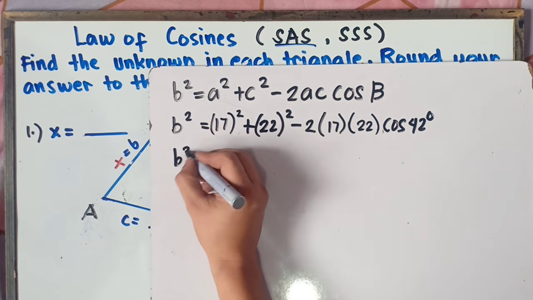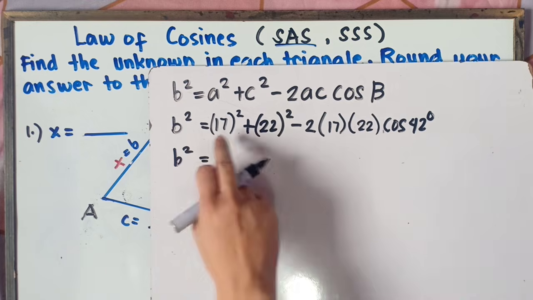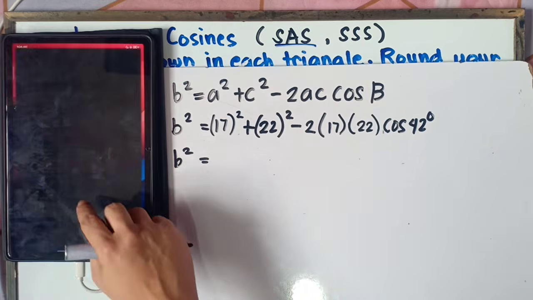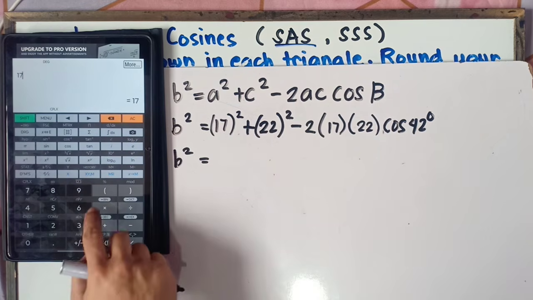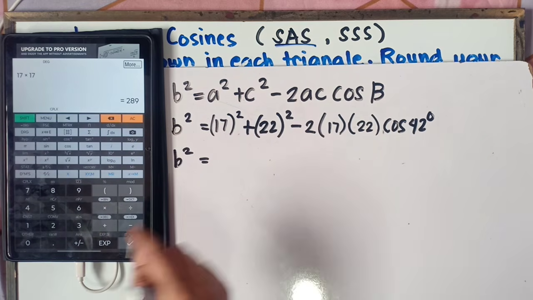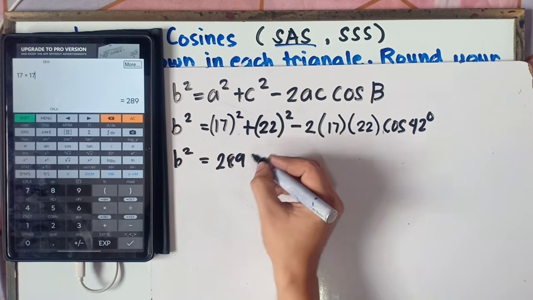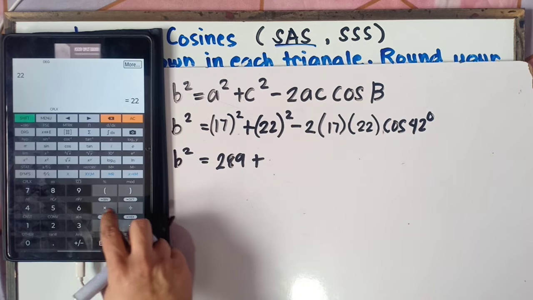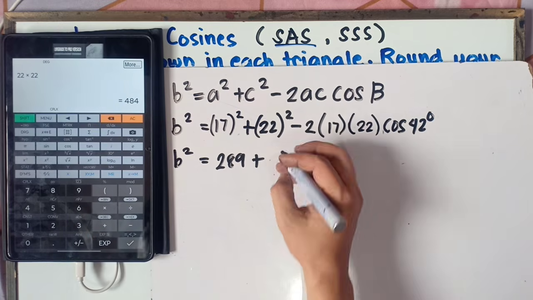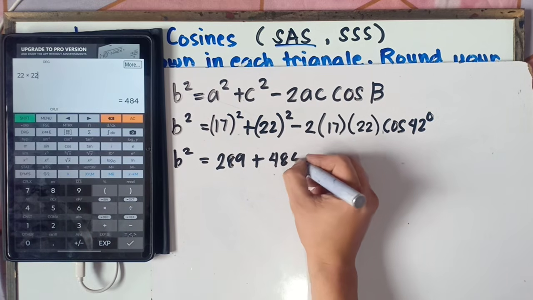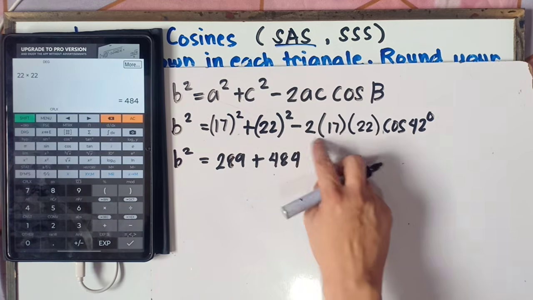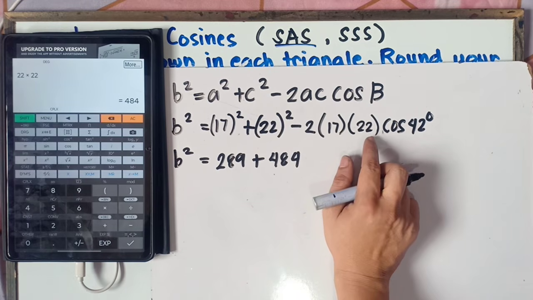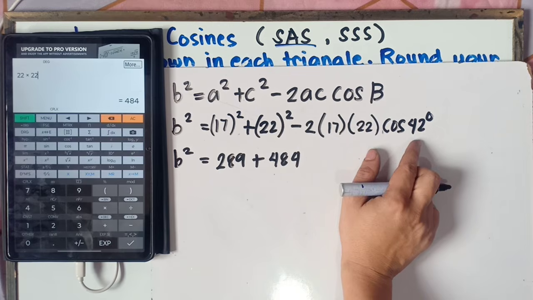So b squared equals 17 times 17, simply use your calculator. That's 289. Plus 22 times 22, that's 484. And then simply multiply this one: negative 2 times 17 times 22, and then cosine 42 degrees.